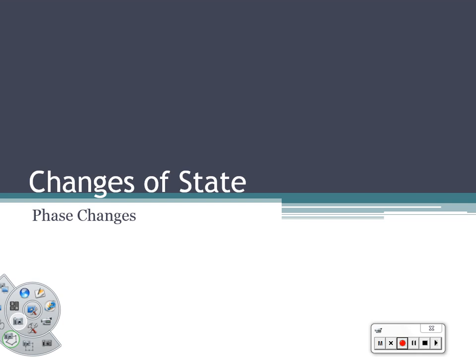Okay? So, during our discussion yesterday about the kinetic theory, we said that there were two factors that determine why something exists as a solid or as a liquid or as a gas. What were the two factors that determine that?